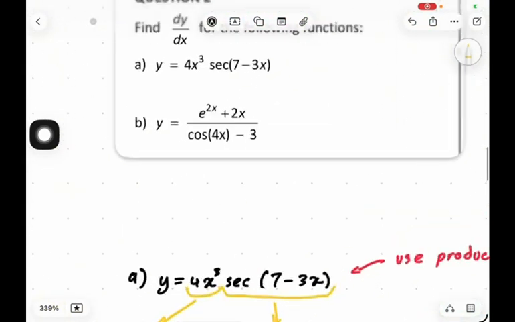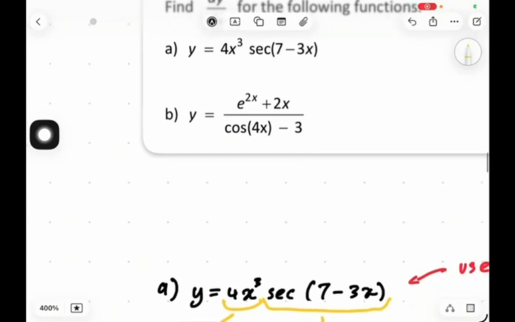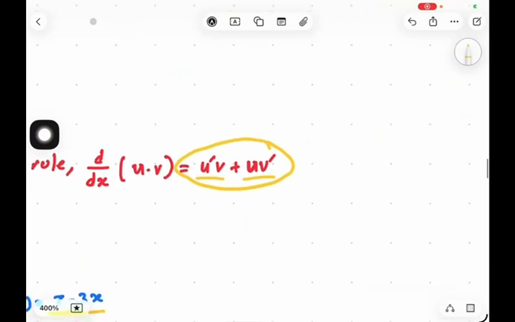Question B is y equals e to the power of 2x plus 2, over cos(4x minus 3).